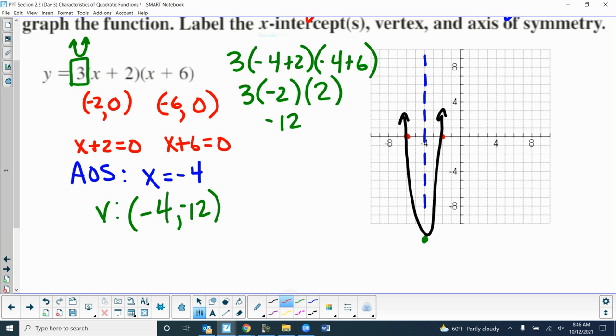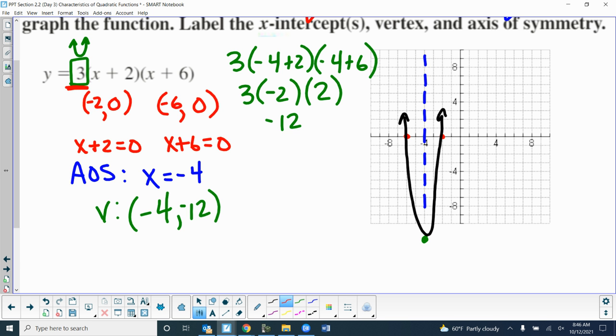Just a quick review, this 3 tells us what's happening to that parent function. Cool? It's making it skinnier because it's a vertical stretch, right? A vertical stretch by a factor of 3, so that's why it's skinny.